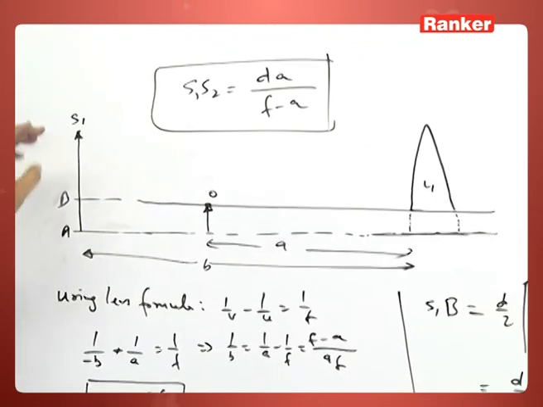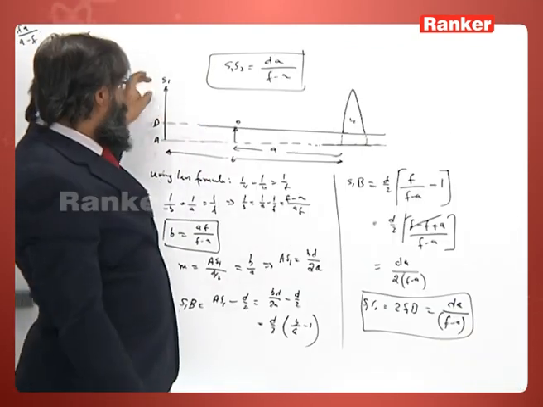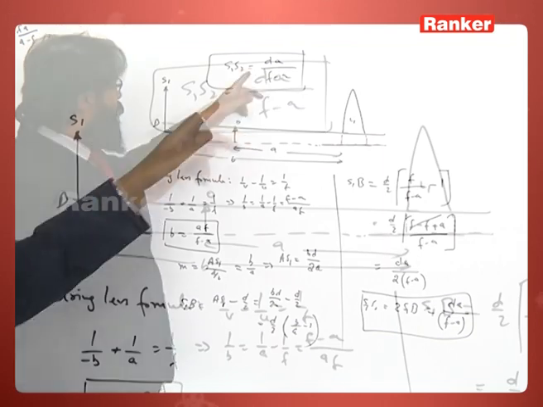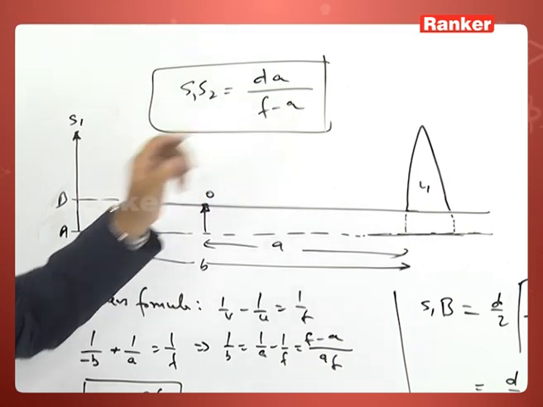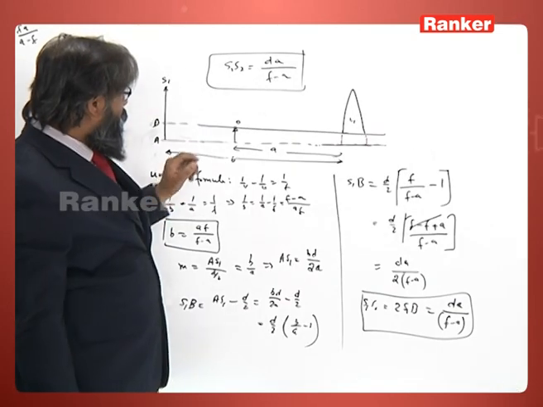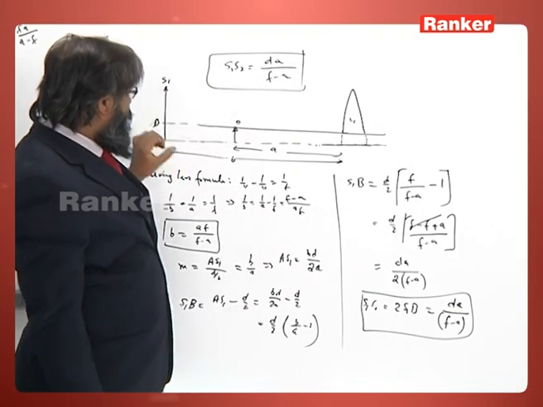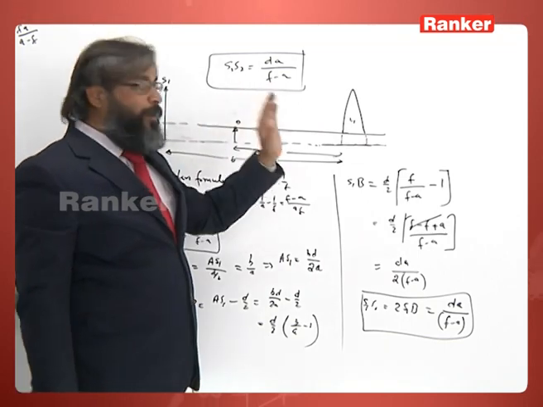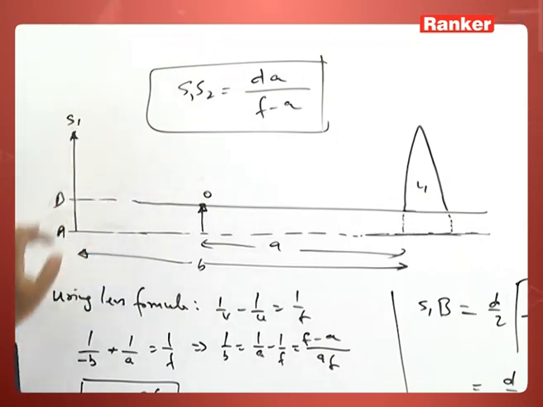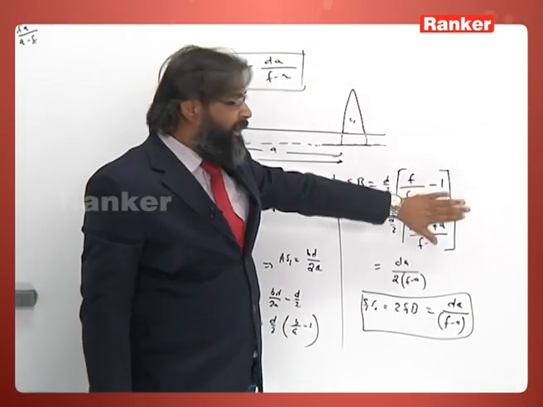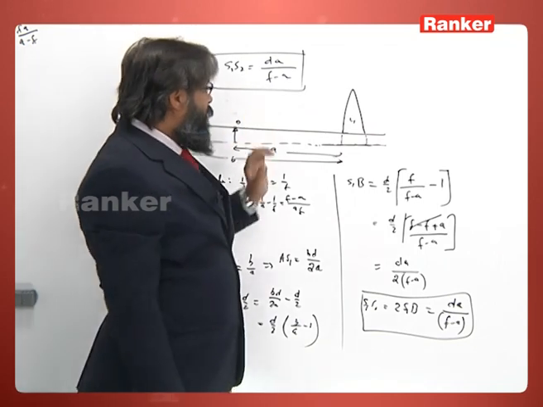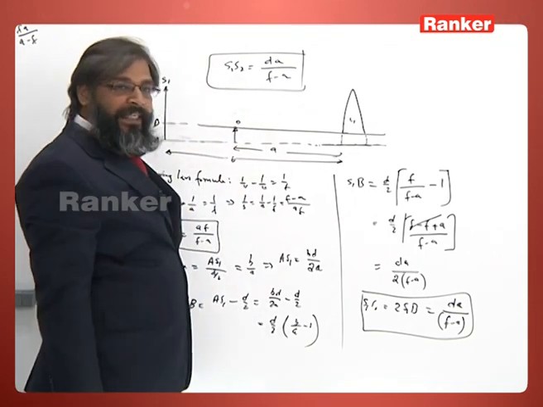So, thus here we get two virtual sources S1 and S2, that is dA by F minus A. These are the two virtual sources. In Billet's split lens we got these two S1 and S2 at here and they were real sources. These are virtual sources. So, now let us see how interference is formed.